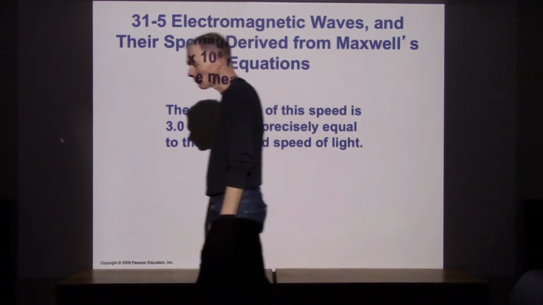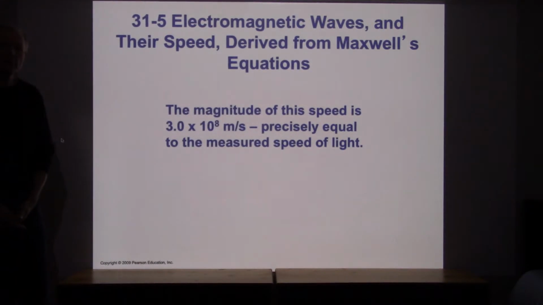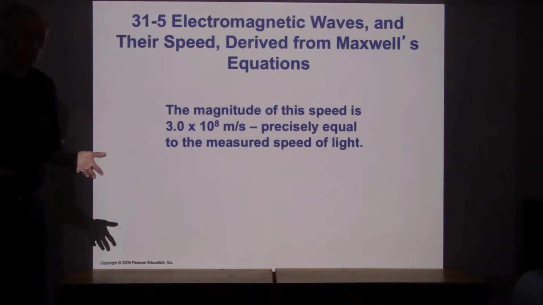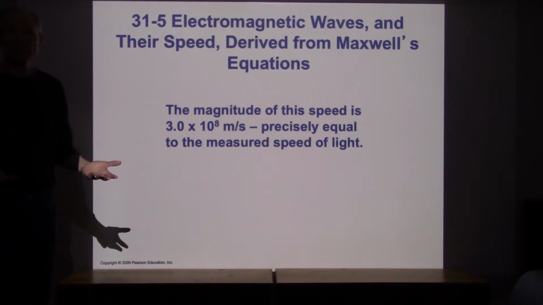Now, one of the interesting features of deriving the speed of propagation of the electric and magnetic fields is that we could use experimental data to determine what speed they propagate at, and that turned out to be the speed of light.